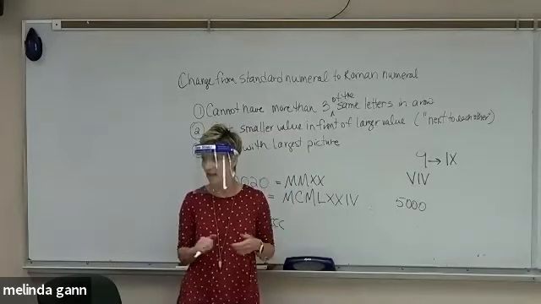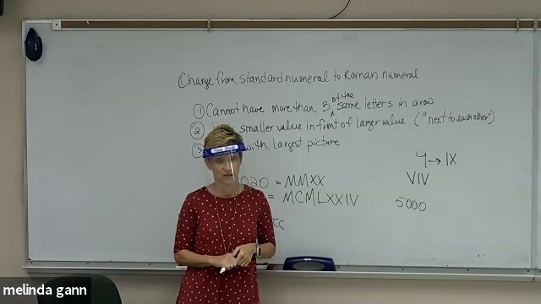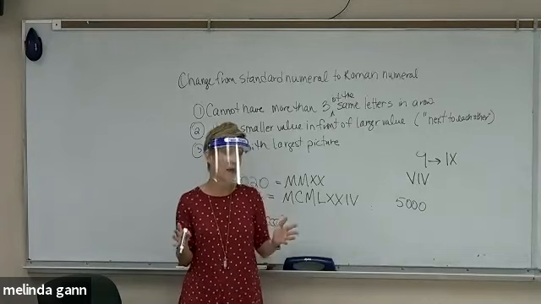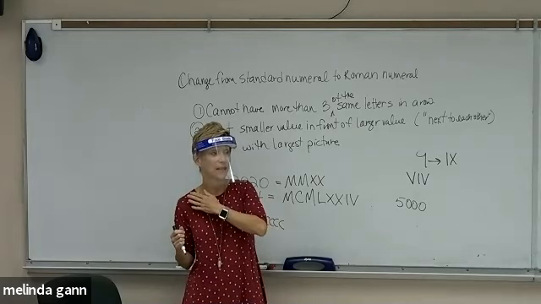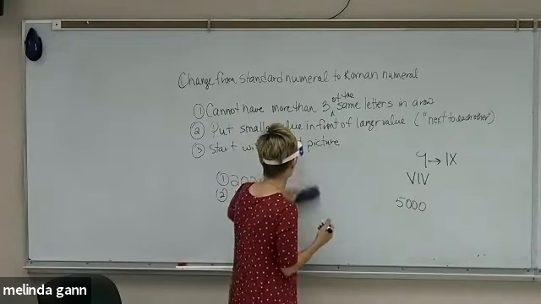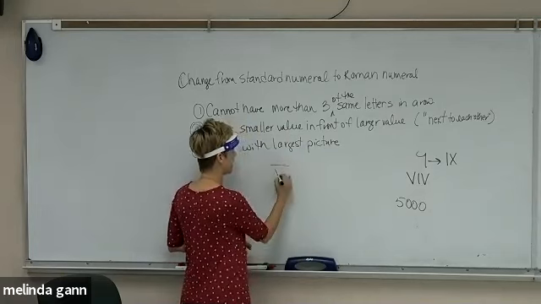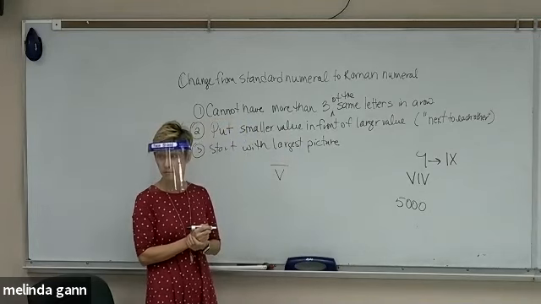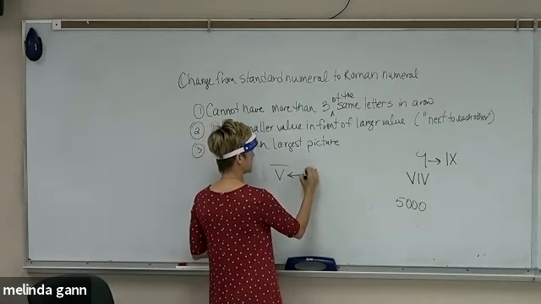How are you going to make a 5,000? Because what's the biggest picture you have? An M, right? And they don't put more than how many in a row? 3. So I'm not going to test you on this, but I do want you to understand. When you see a bar above a number, it means to multiply under it by 1,000.